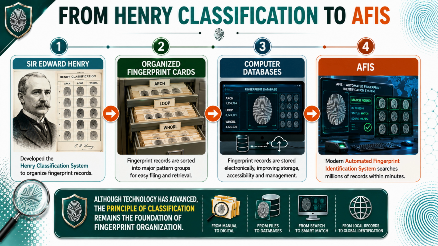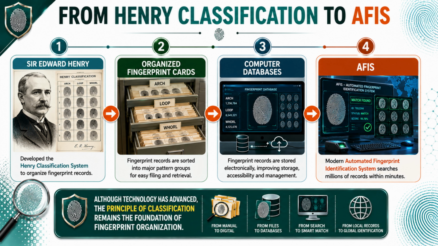Police departments around the world soon adopted this system because it allowed investigators to retrieve fingerprint records quickly and efficiently. Even though modern forensic laboratories now use computerized databases such as AFIS, the basic concept of fingerprint classification remains extremely important.